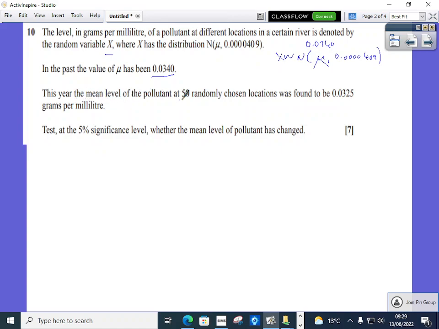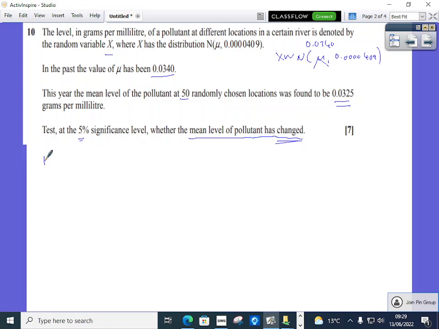This year, the mean level of pollutant at 50 randomly chosen locations is this. Use this per milliliter. Test at 5% significance level whether the mean level of pollutant has changed. Now this is a key thing: that's the crucial word here, changed. So now we set it up.